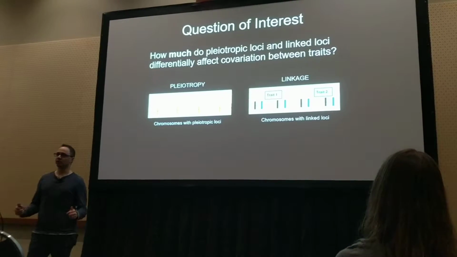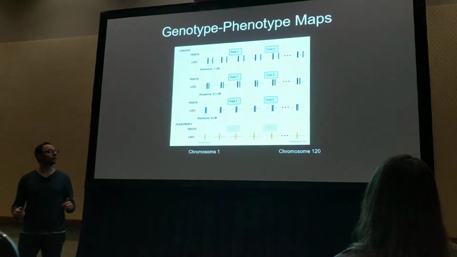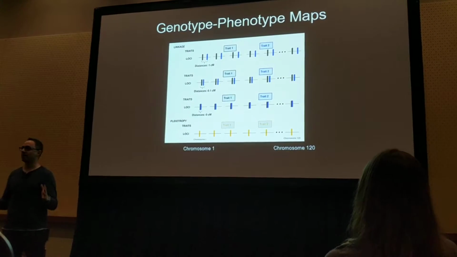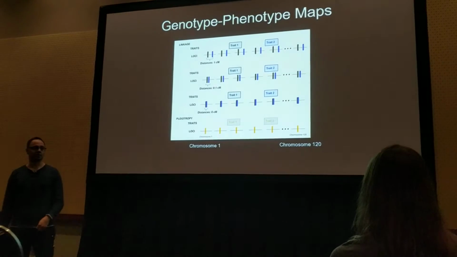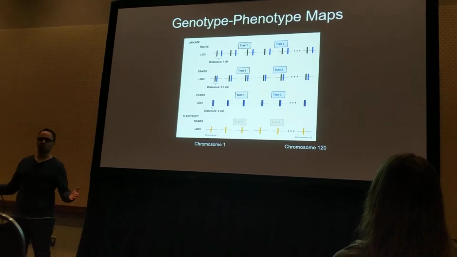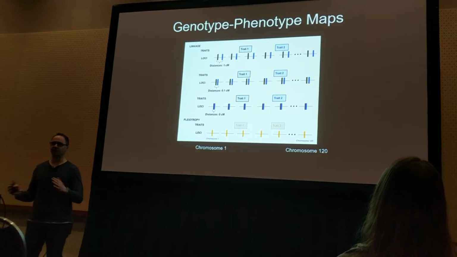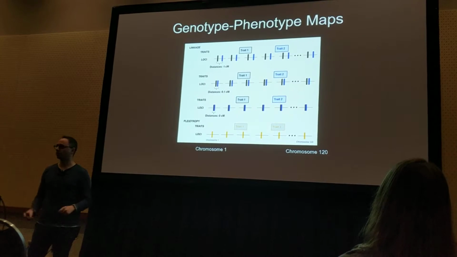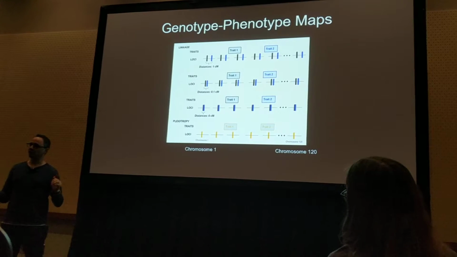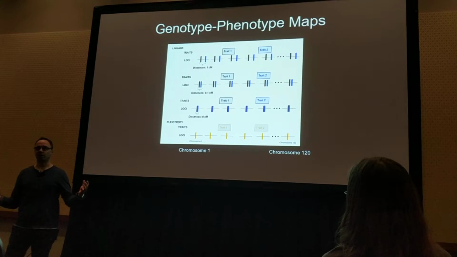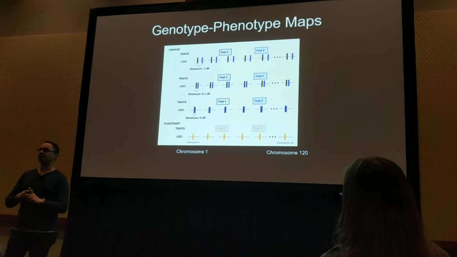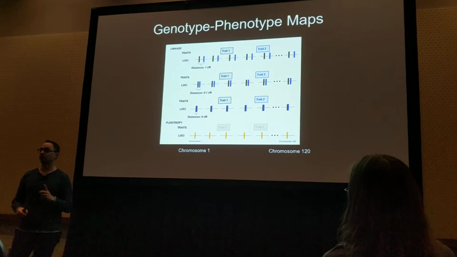The way I went about doing that was setting up four different genetic architectures, or genotype-phenotype models, to test this. In all the models I had 120 chromosomes and two traits, so these are, again, polygenic or quantitative traits. In the pleiotropic architecture, on each chromosome you had one locus, and that locus had allelic effects that affected both traits.